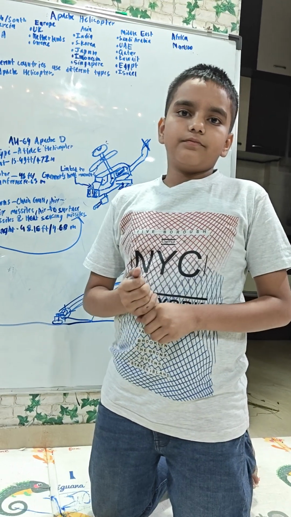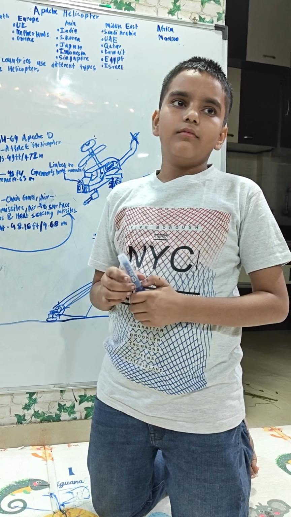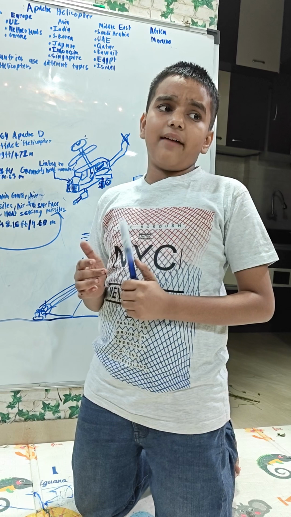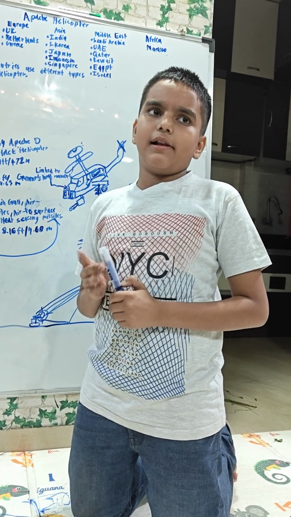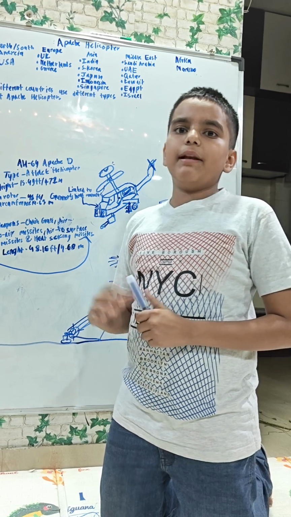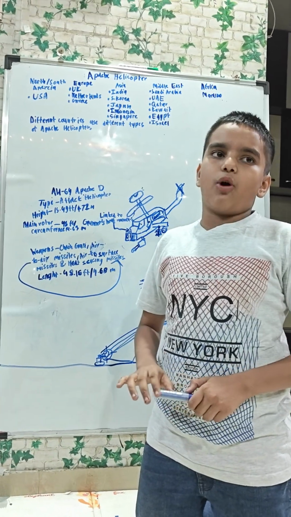Okay. So, do they have equal capability as the Apache helicopter, or less or more? Yeah, it has equal or more than the Apache helicopter. I will also make a video on the HAL Prachand helicopter.